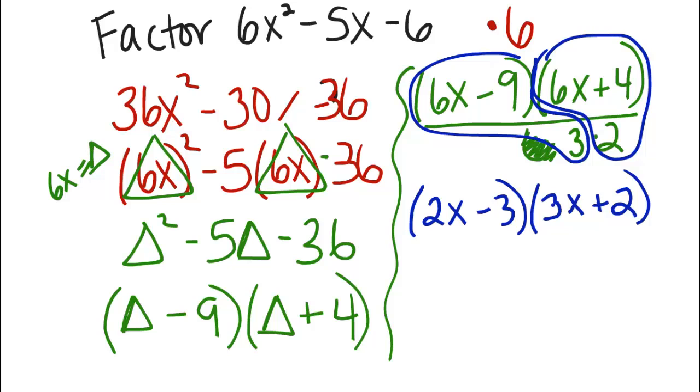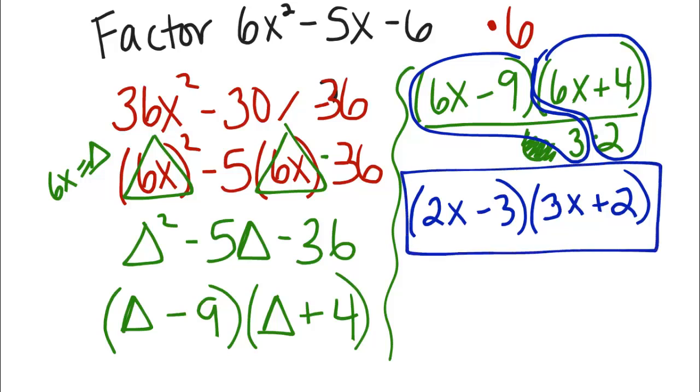If you multiply this out, 2x minus 3 times 3x plus 2, we do get 6x squared minus 5x minus 6 once you combine those middle terms. So this method does work. It takes a little bit of practice because we have to get used to this idea of chunking, replacing with my favorite symbol you've probably realized is the triangle, but feel free to use whatever symbol or other letter you would like.